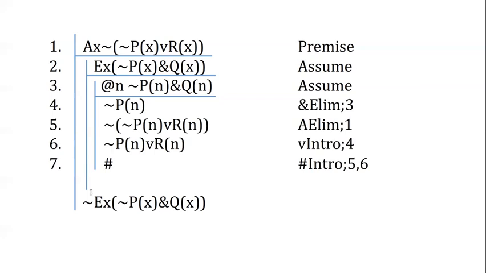Now, how did I know that I even wanted a contradiction symbol on line 7? Because remember, I knew on line 8 I wanted a contradiction symbol from the outset. When I started the existential elim proof, it's really helpful to ask yourself, what is the thing that I want on the last line of that proof? I want the thing on the last line of that proof on line 7, the same thing I want on line 8. I'm just going to export it out of that proof. The only restriction is that that sentence on line 7 must lack the name n.